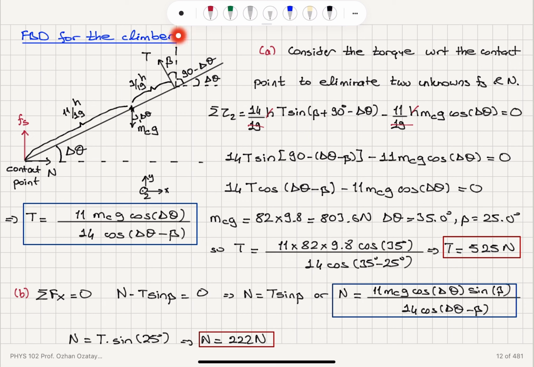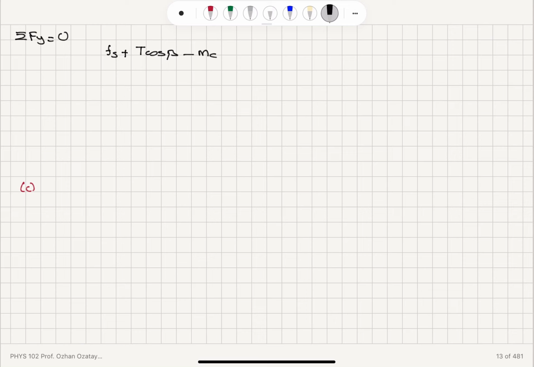So if I write this, static friction Fs plus T cosine beta pointing up and the weight pointing down minus mcg equals 0, this gives me for static friction mcg minus T cosine beta.